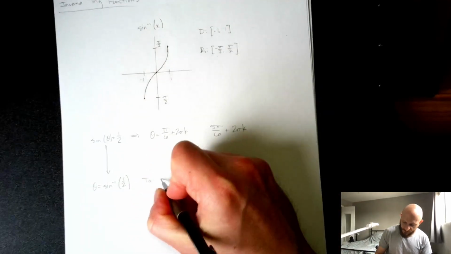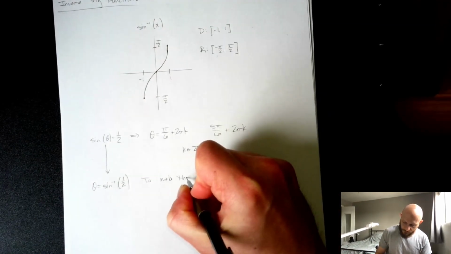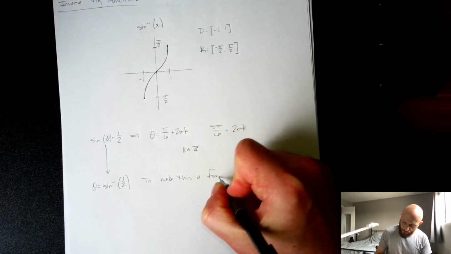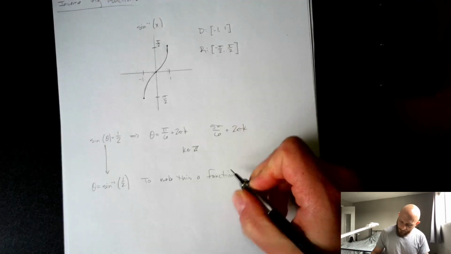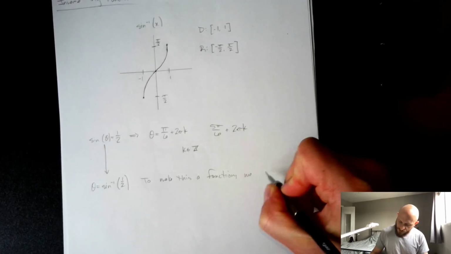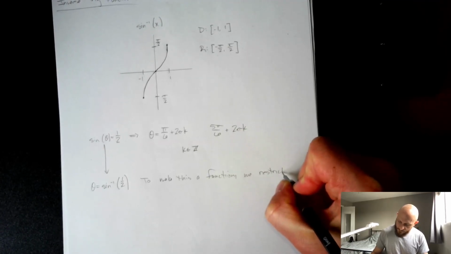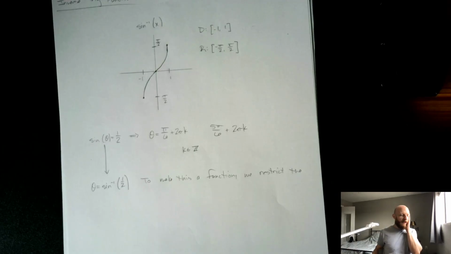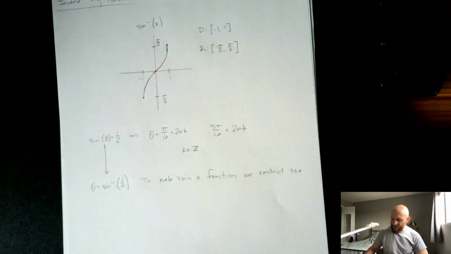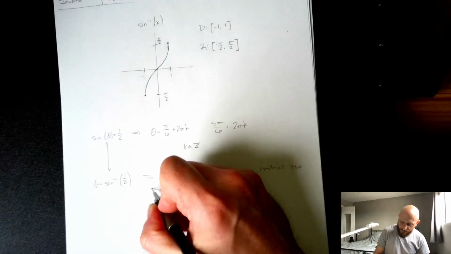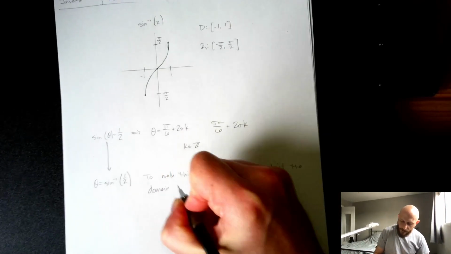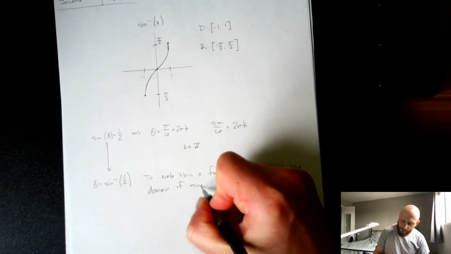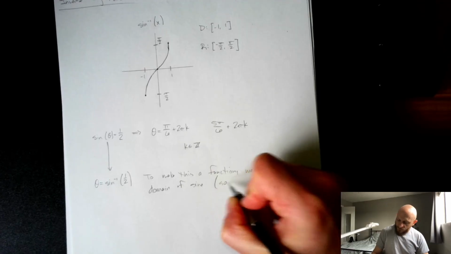To make this a function, what we do is we restrict. Technically we restrict the range of this, but really what that means is we restrict the domain of sine so that it's 1-to-1.